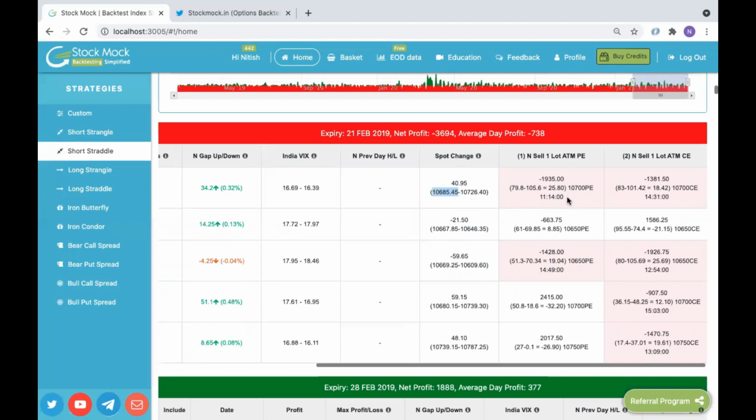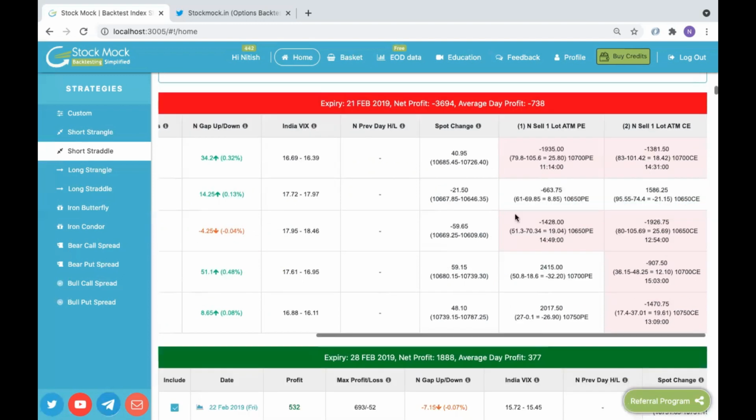Therefore, at 11:14, this stop loss got triggered, and at 2:31, the market has gone 42.7 points above this point. Therefore, the call stop loss is triggered at 2:30. If you go below here, the market has been sideways and has never gone below or above it. Therefore, no stop loss is triggered.